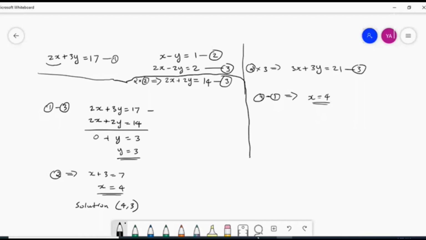But if you multiply it by 3, 3x minus 3y is equal to 3 will come. Then to remove one variable, what do you have to do with 1 and 3? You should add. Equation number 1 plus 3, you will get a new equation without the y term. So that's the second kind.